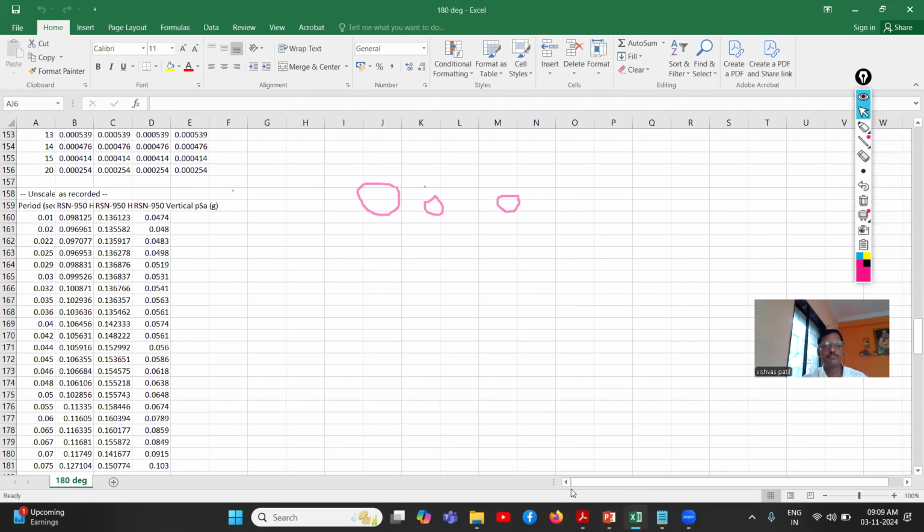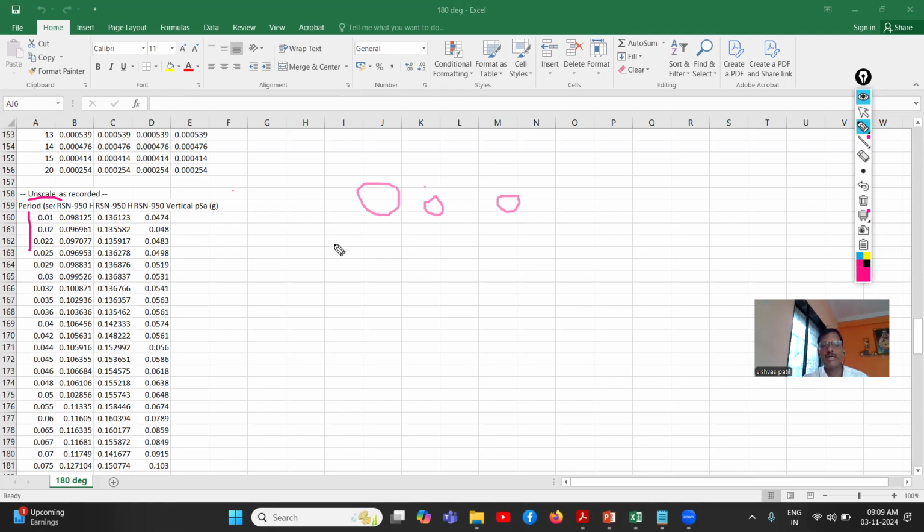Okay, so these are the values. We have to refer to the unscaled, as recorded. The first column is the time period of the structure, and the next three columns give the spectral acceleration values.